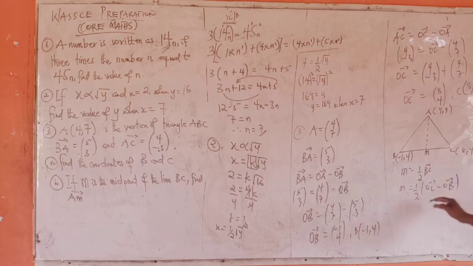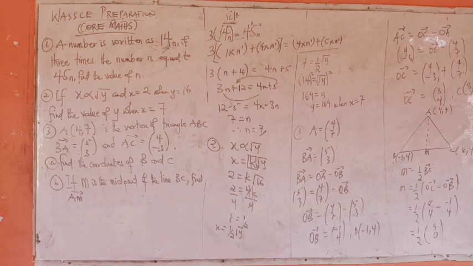We know OC, we know OB. OC is (8, 4), OB is (-1, 4). So this would be (9, 0), if I'm not mistaken.